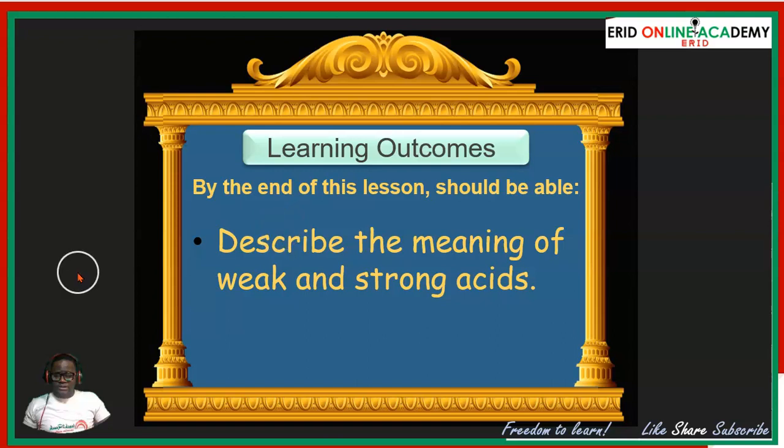So let's consider how to represent the strength of an acid. From previous lessons, we have seen that an acid produces hydrogen ion in solution.